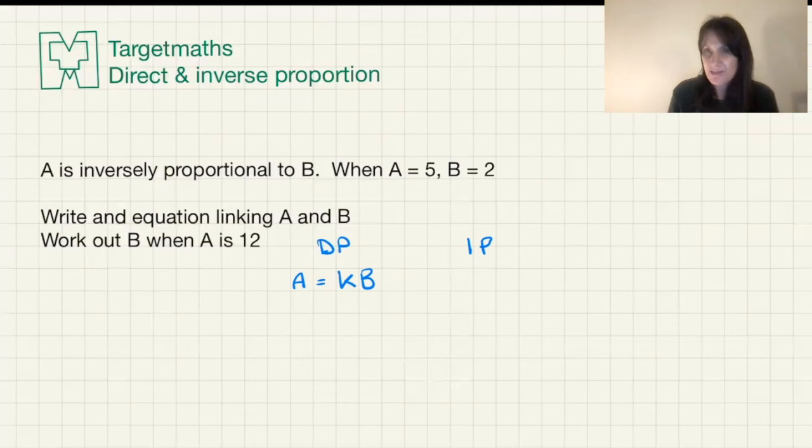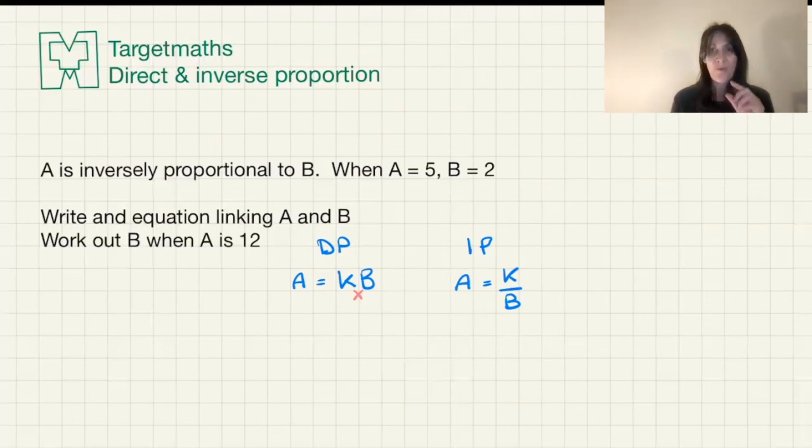The inverse or opposite of times, which let's face it, is what is going on here, is divide. And that's exactly what is going to happen. That's the change for inverse proportion. So my equation for inverse is A equals K over B. So my times is changed to a divide, and now I'm working inversely.